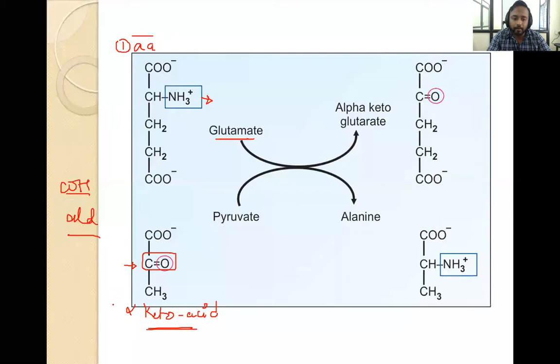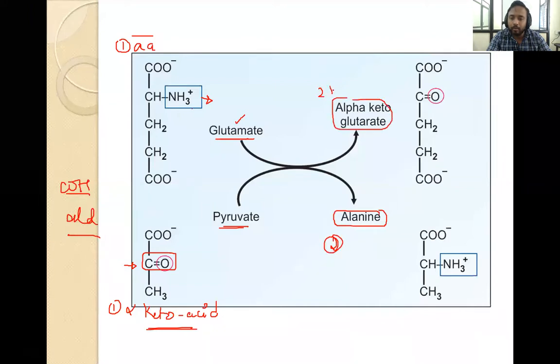Yes, this is one amino acid, this is one keto acid. So the amino group NH3 is transferred from one amino acid to a keto acid to synthesize a new amino acid. This is the second new amino acid and a new keto acid.